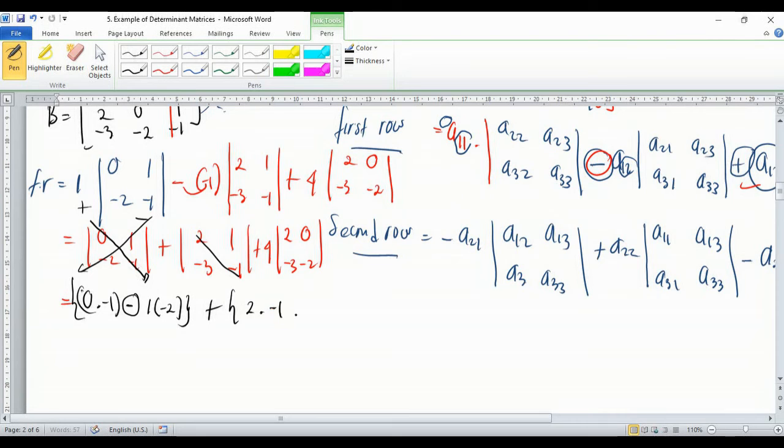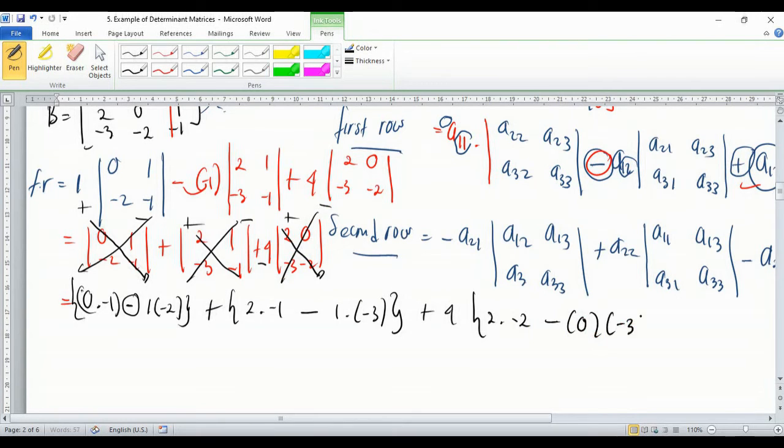2 times minus 1 minus. This is positive. This is minus. 1 times minus 3. And then because this one is positive, so positive 4 times with this one, positive 2 times minus 2. Because this one is negative, negative 0 times minus 3.